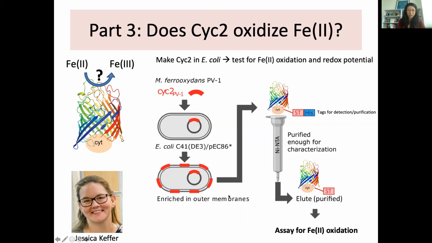E. coli did not want to express it, but we made it do it anyway. Many trials and tribulations later, including trying to submit a manuscript without having done this and getting rejected, we did express it well enough to purify it, not to purity, but to the extent that it was the only cytochrome in the eluent. Then we could use the heme UV-vis spectra to monitor activity and assay the actual protein for iron oxidation.